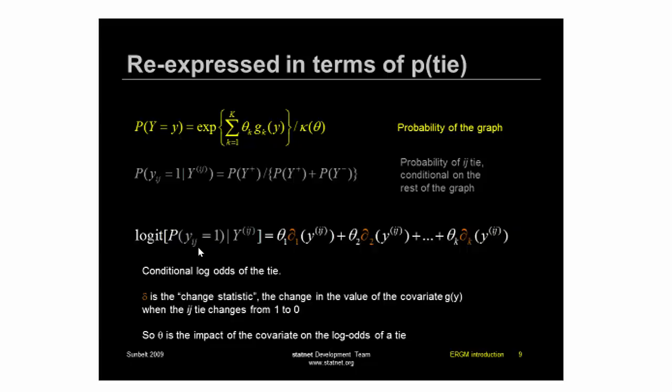Now, what is it good for? Well, it's really good for measuring or assessing the extent to which your network has tendencies to form certain kinds of microconfigurations, including things like: is there a tendency for people of the same gender to be connected to each other?